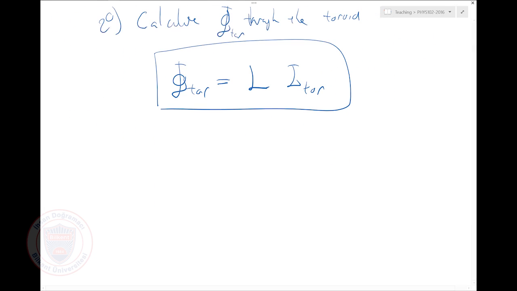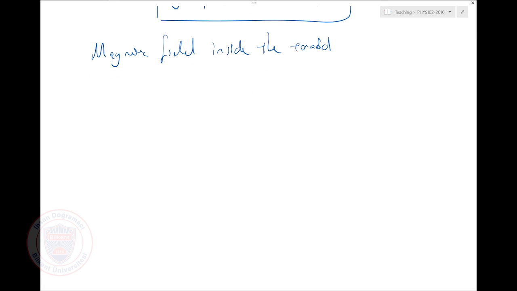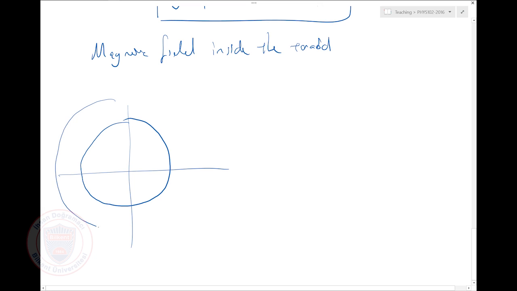How do I calculate the magnetic field inside the toroid? If I look at the system from the top, if I take a cross section, what does the toroid look like? The toroid looks like two circles, right? And the wires of the toroid are going to carry current in some way. I did not draw it, so I don't know which way.